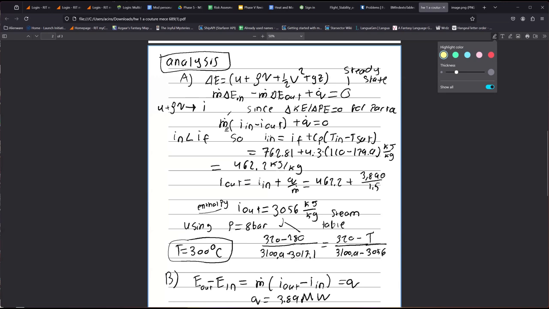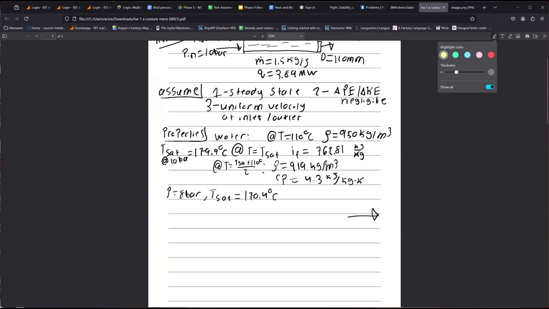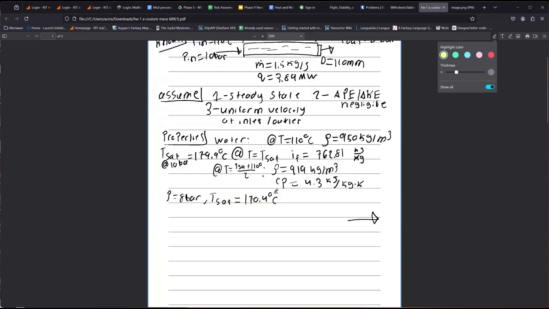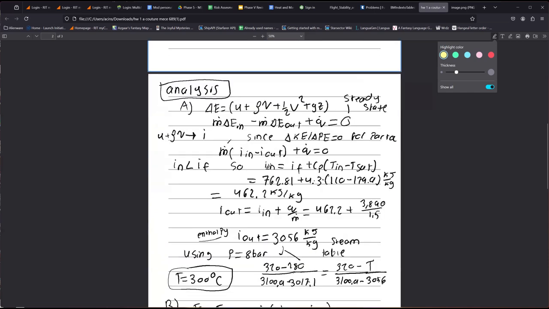Because the fluid coming in is water at a lower temperature than the saturation temperature, the enthalpy in is going to be less than the enthalpy of the saturated liquid. We need to figure out what the enthalpy of that water is. Using this equation, we can calculate the enthalpy going into the pipe, which, as I state here, is 462.2 kilojoules per kilogram.